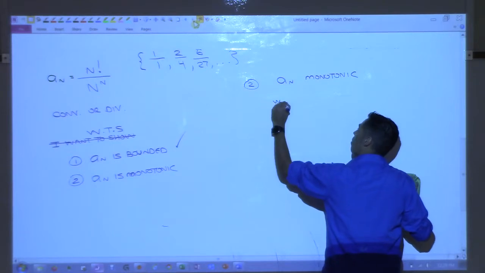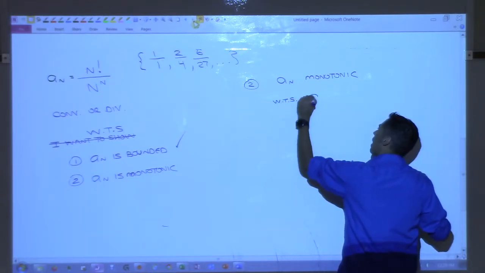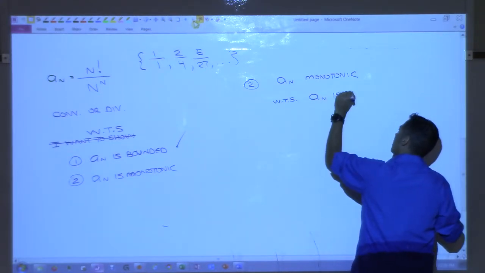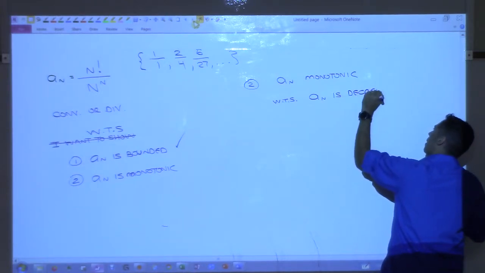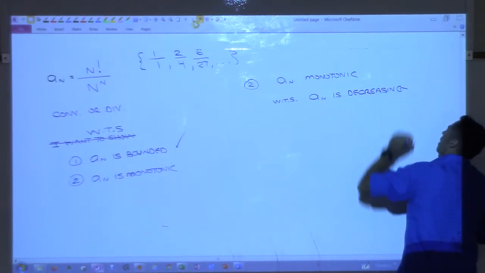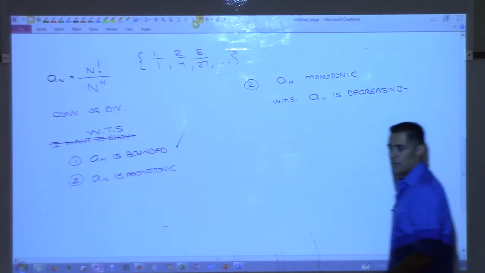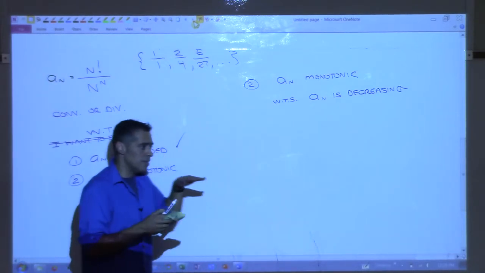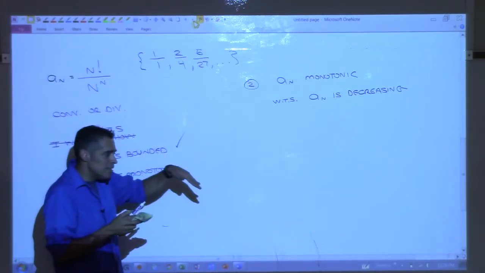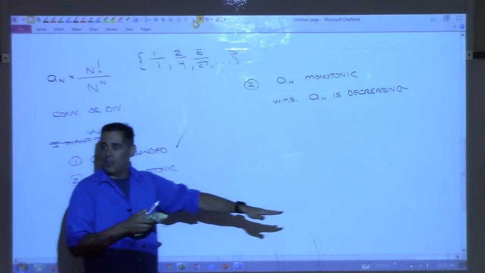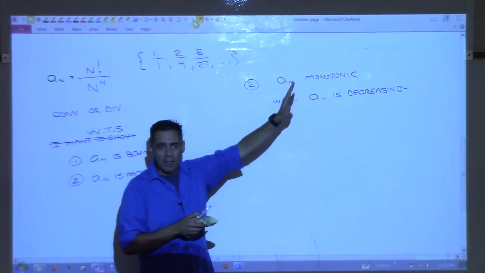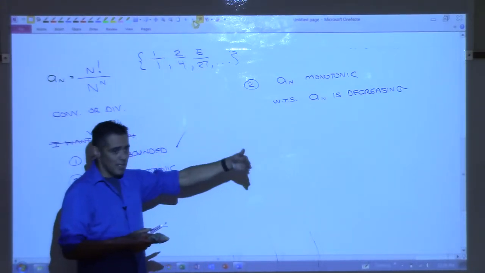So I want to show a sub n is decreasing. And I realize you can just look up there right now and tell it's decreasing, but you still have to show it. Because some sequences, believe it or not, will actually decrease, and then all of a sudden they'll turn around and start increasing. So you have to show that it's decreasing.